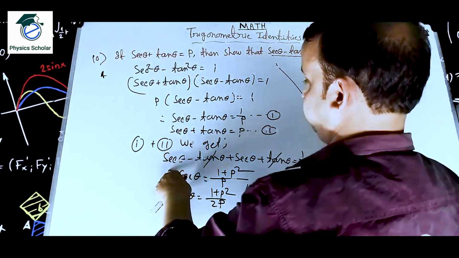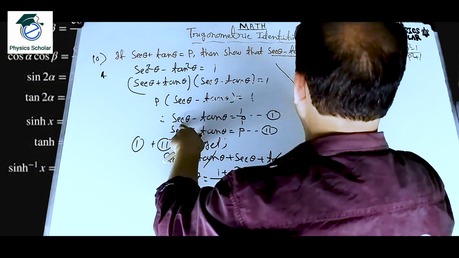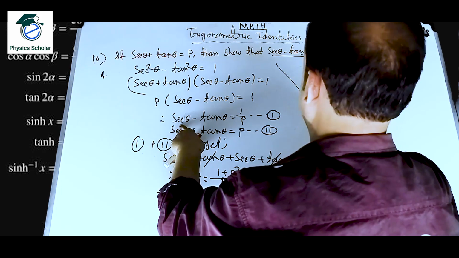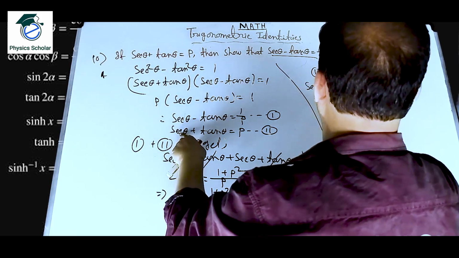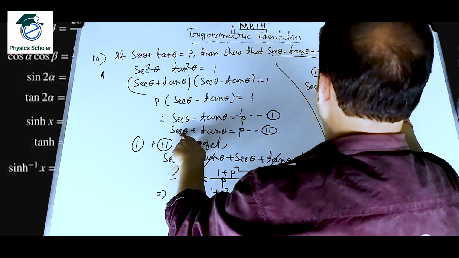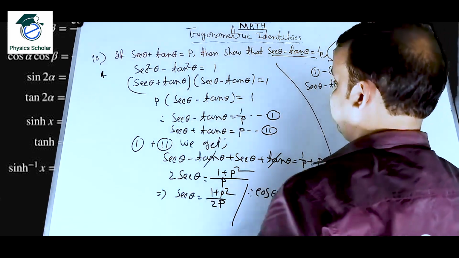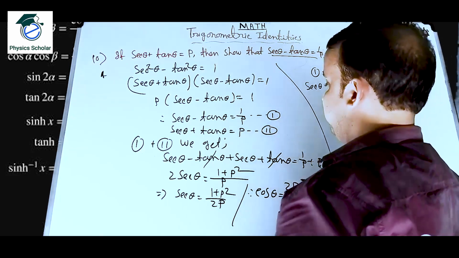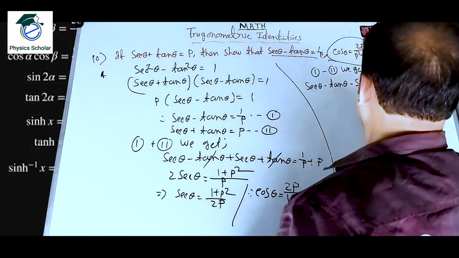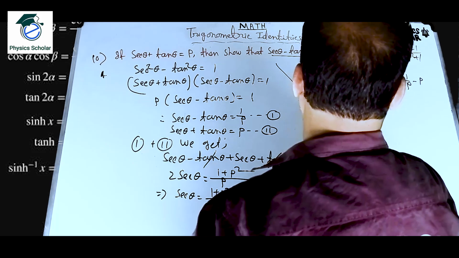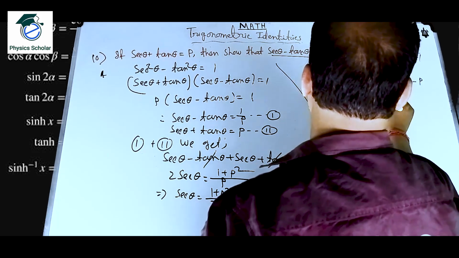What is 1? Sec theta minus tan theta minus sec theta plus tan theta is equal to 1 by p minus p. Okay, 1 by p minus p. Clear? So sec theta will be cancelled. So minus 2 tan theta is equal to 1 by p minus p.